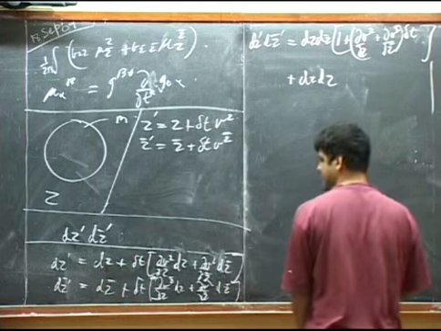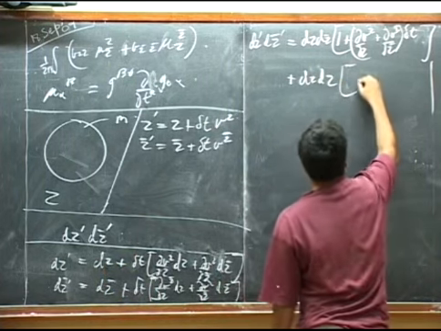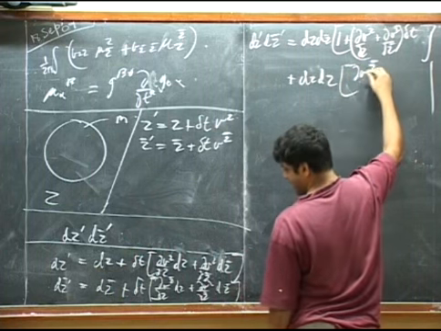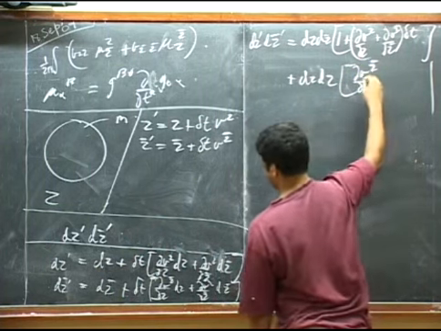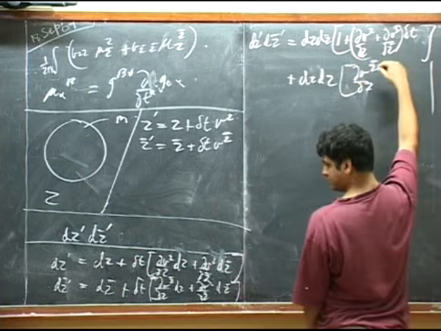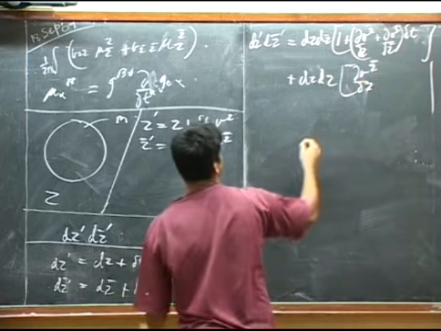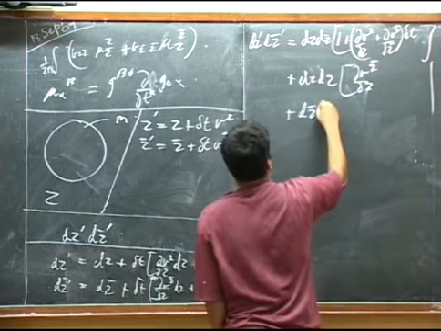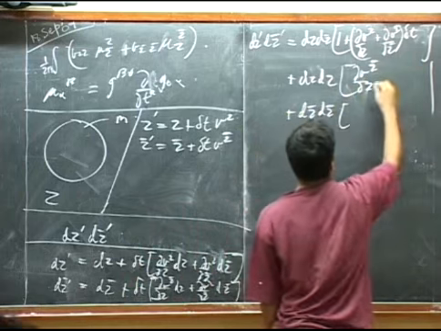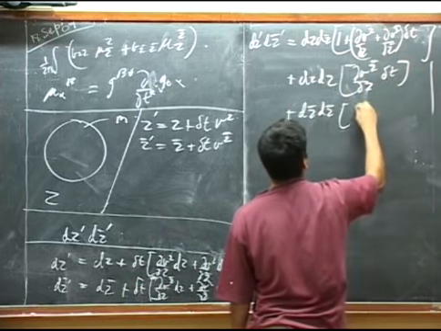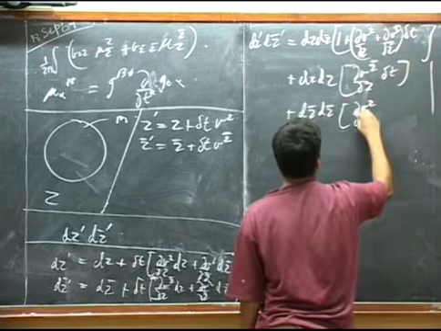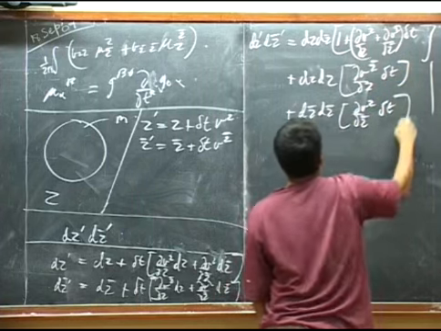So we have del v^z̄ by del z delta t, and plus we have a term that's dz bar dz bar, with del v^z by del z bar delta t.